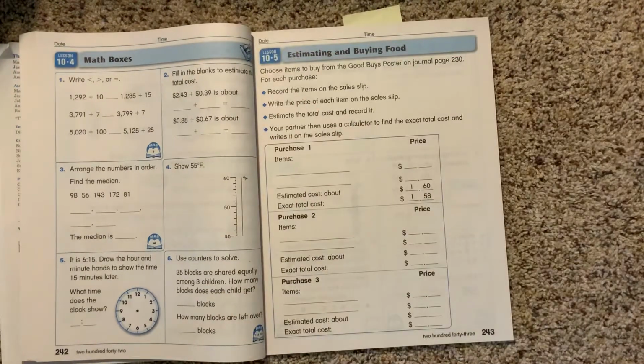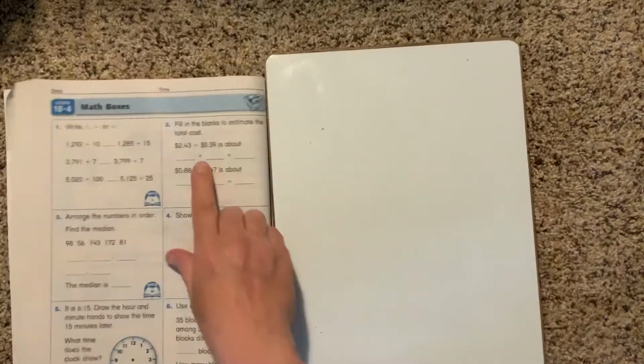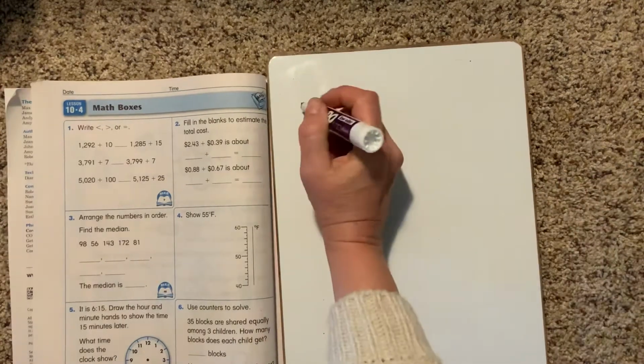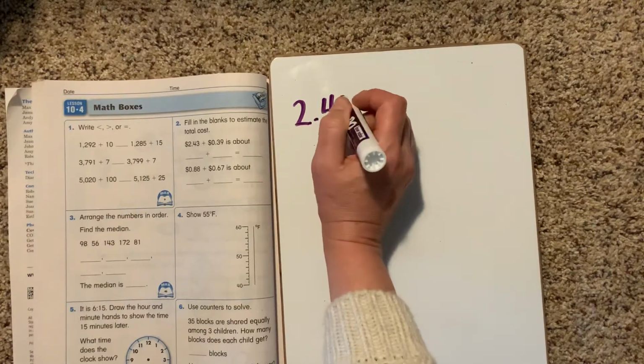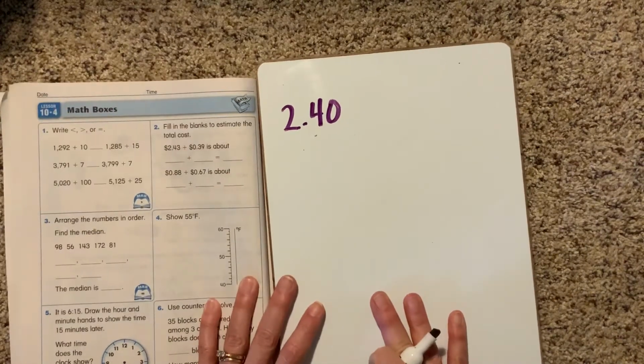Moving on, we need to fill in the blanks to estimate the total cost. Remember, you're going to round, and I'm going to round to the nearest tenth. So I'm going to round this to $2.40. Now you go ahead and complete your rounding, and I'm leaving off my dollar sign just to make our numbers a little more visible for you.